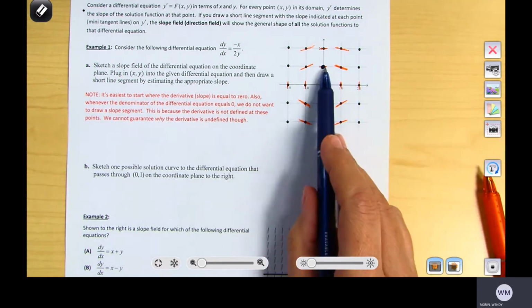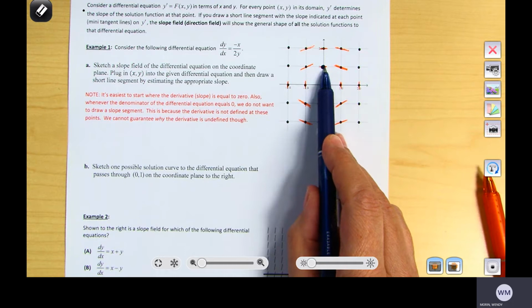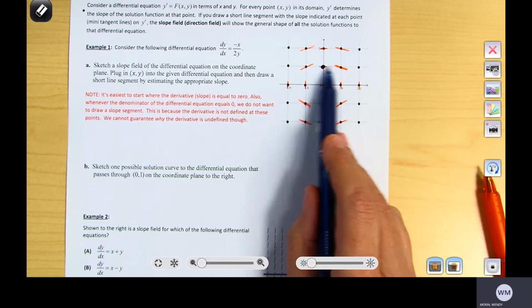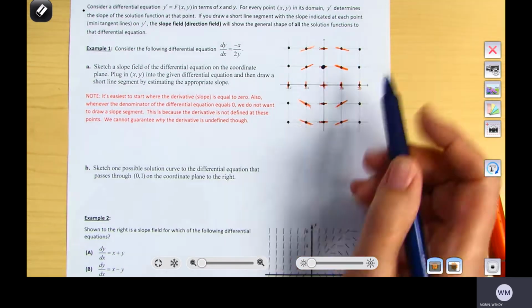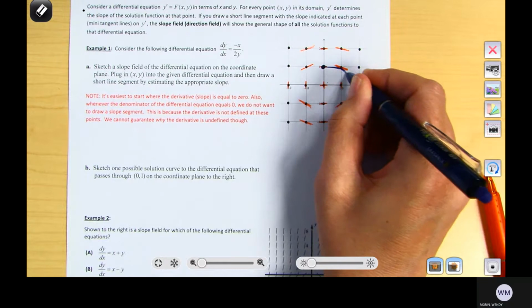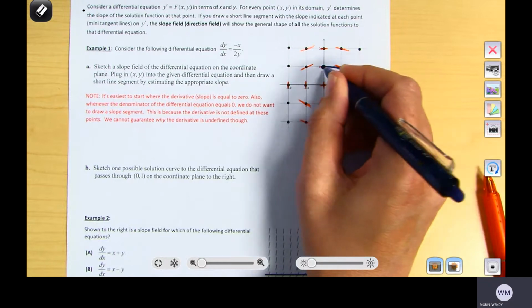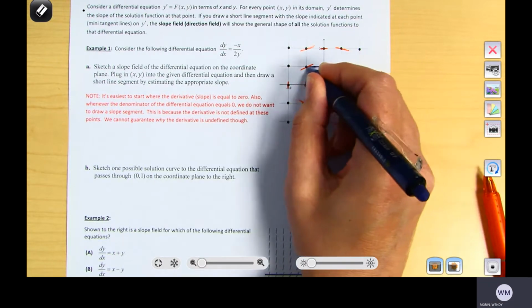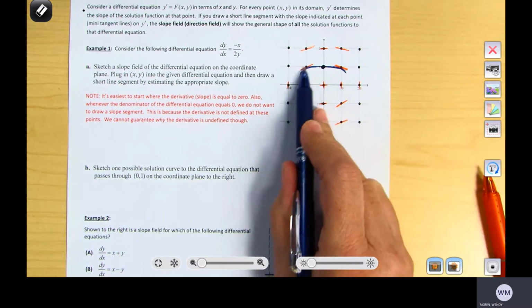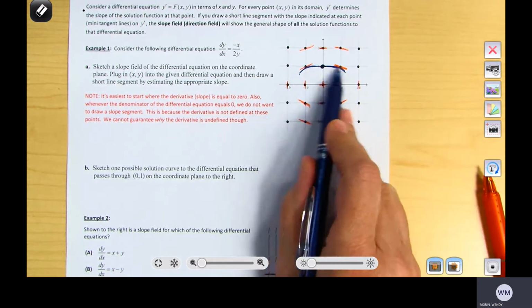Well, if my solution is going to go through that point, it's going to be tangent to these. So I know that the solution curve is going to start something like this, because I know it goes through this point, and I know that these are little tangents to the graph.